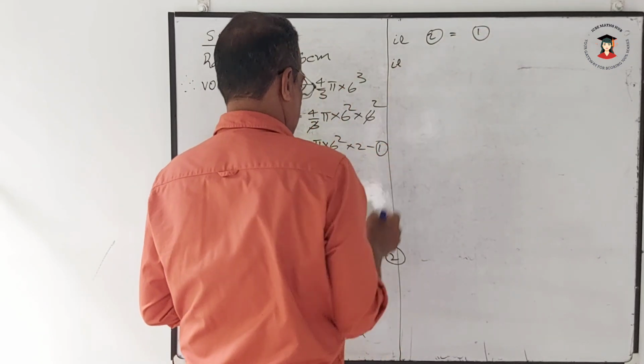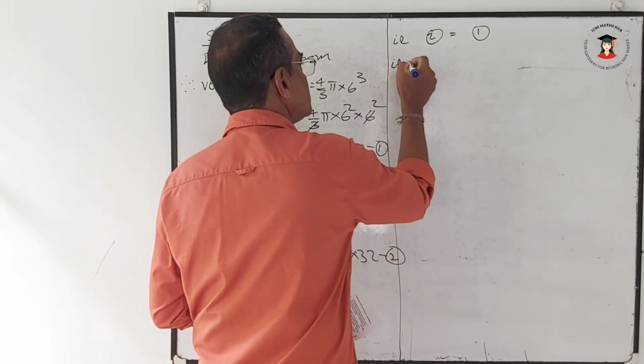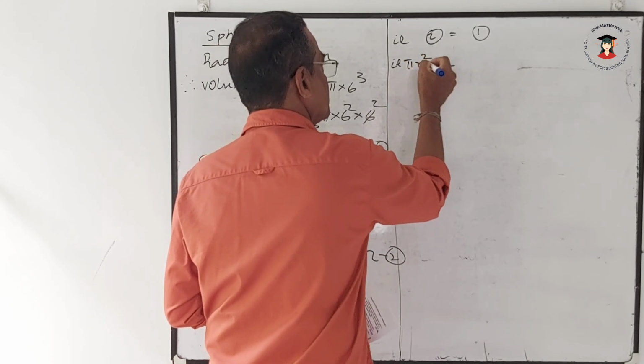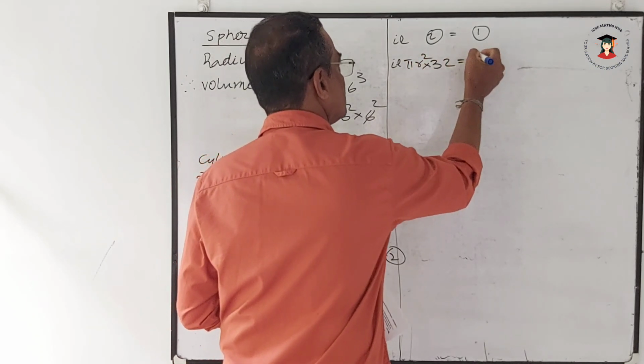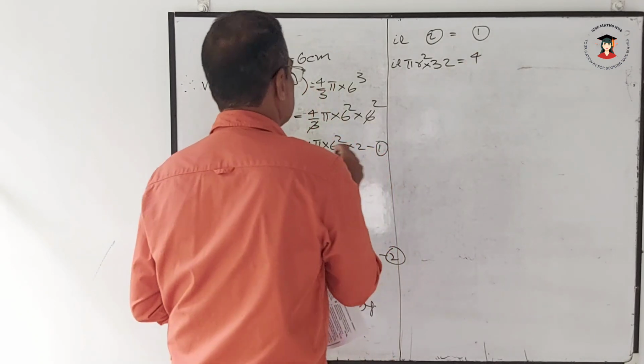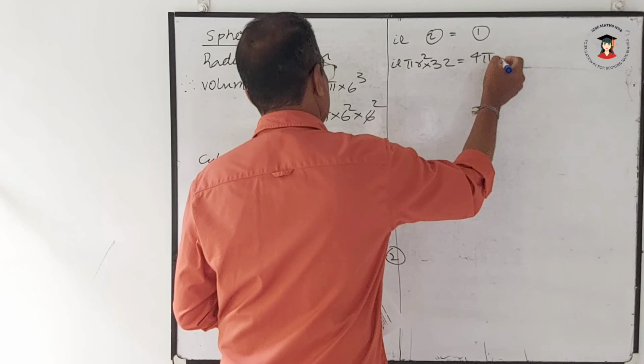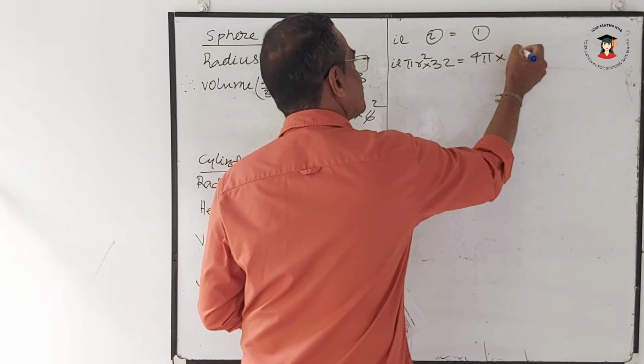That is volume of cylinder is pi r square 32, that is equal to 4 pi into 6 square into 2.